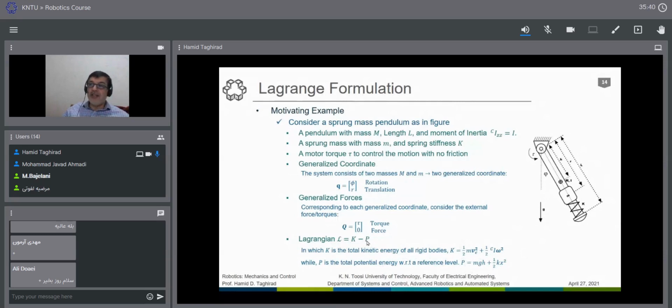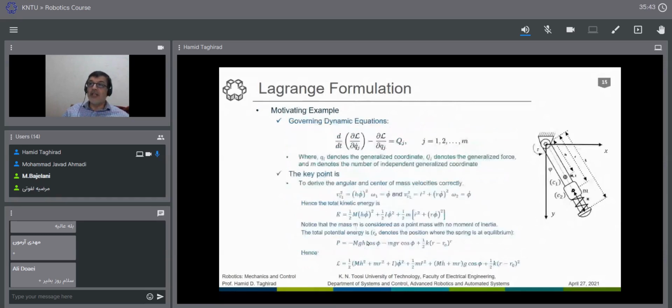The governing dynamic equation is found by this Lagrange equation or Lagrange formulation. This means that we get the partial derivative of L with respect to each of the components of Q, where Q is 1, 2 to M. Usually we have 6 degrees of freedom in general, or 2 or 3 degrees of freedom, so this could be different.